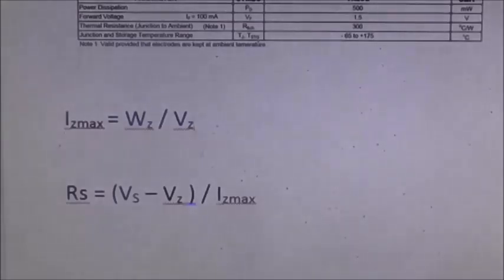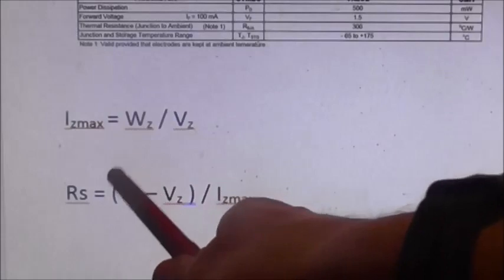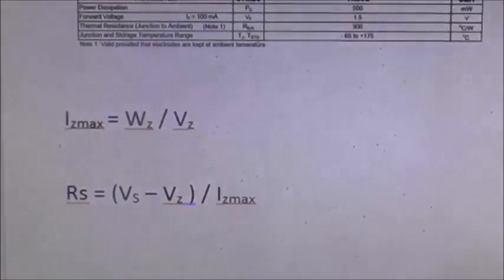So let's boot up Mr. Calculator to give us a helping hand here, because it's Saturday evening. Okay, so we've got IZmax equals WZ over VZ. Now the Z is to do with the Zener diode, and Imax, of course, is the maximum current. And the maximum current will be the wattage it can handle over the voltage it outputs. So we can put some numbers in there.